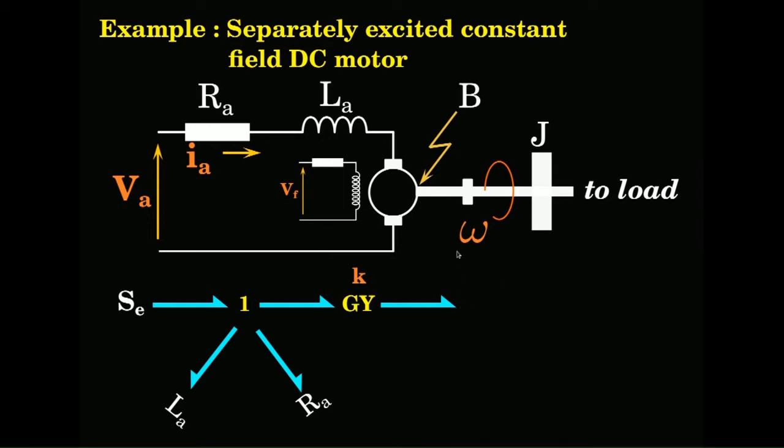On the mechanical domain, you see that at this shaft speed omega, you have to handle the load, you have to handle this inertia, you have to handle the friction. All are happening with the common omega. Omega being flow in the mechanical domain, I will again put a one junction. You just have to look at what is the commonality, whether it is effort or flow, and then your junction is decided.